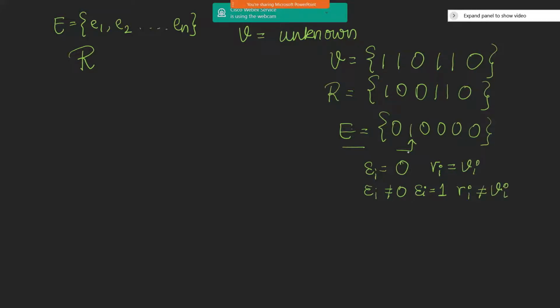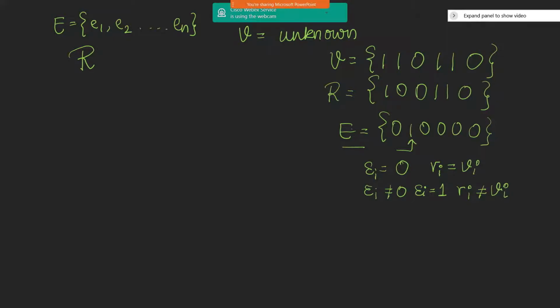That means by looking at the error pattern, if there is at least one non-zero element, I can straight away say that the received vector has ended up in an error, and wherever there is a bit 1, that is the position where the error has occurred.